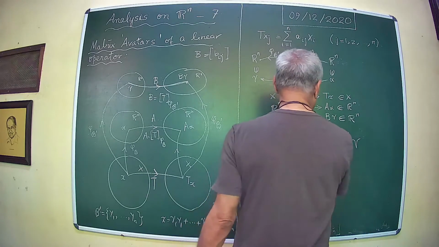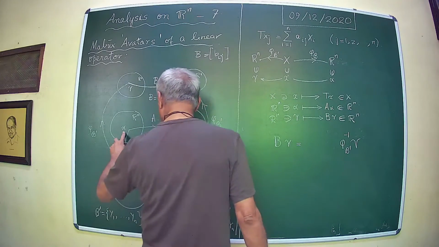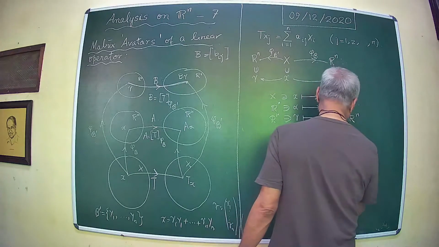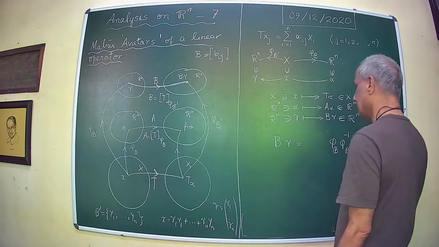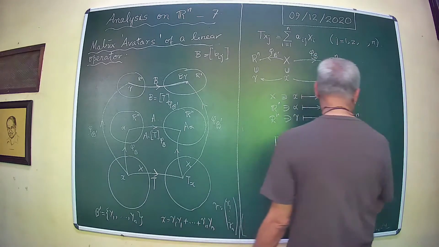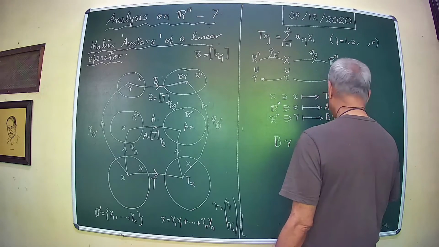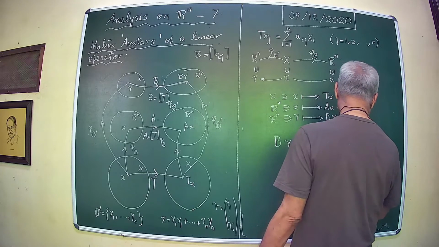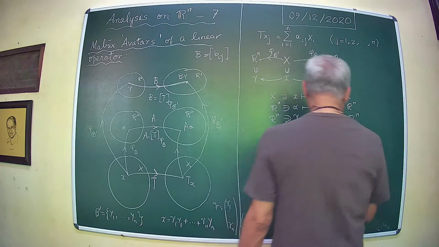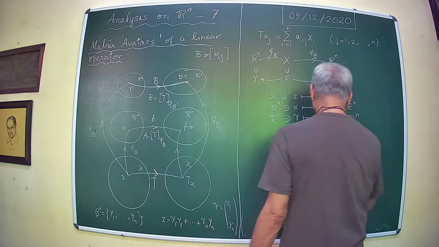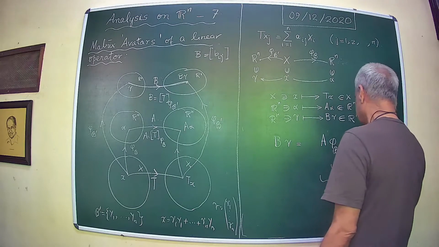So instead of T, I want to connect it to A. So from x I go to alpha. If I apply phi b to this, I get x here. So this is x, and I reach alpha. Now I have A. Apply A. So where do I reach? I reach here, A alpha.